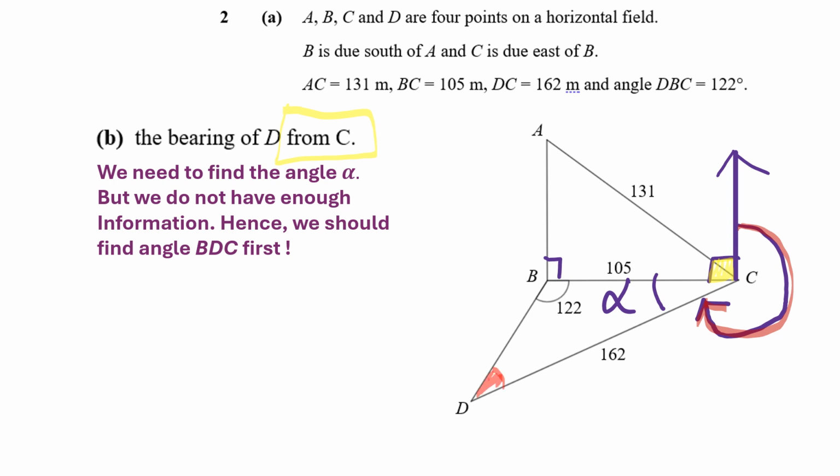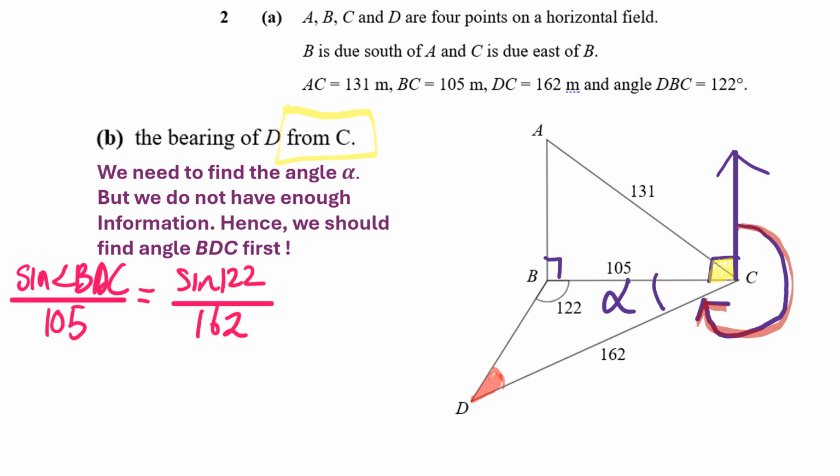We are able to find this angle first using the sine rule. Right, so sine angle BDC over 105 will be equal to sine 122 over 162. So that is using the sine rule.